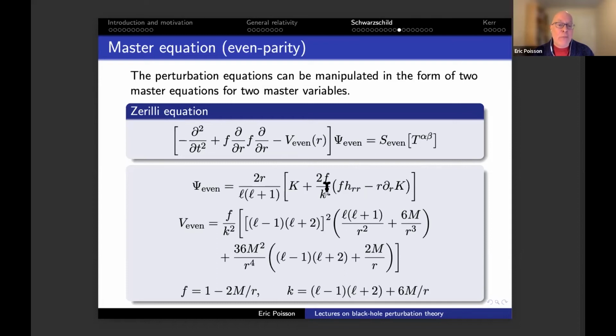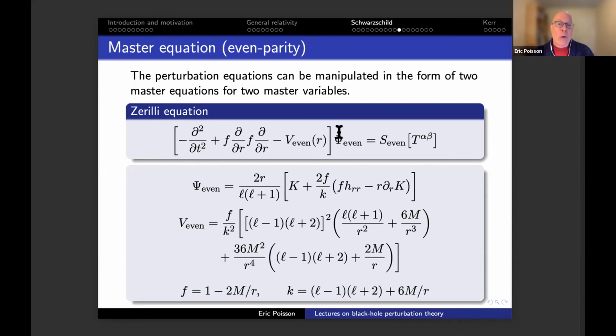If you package your variable in this way, you find that this master variable obeys a simple looking equation, with a potential function in the wave equation that is somewhat complicated, but looks like one of those potentials that you might encounter in quantum mechanics. It looks a little bit like a Schrödinger equation, especially after you get rid of the time dependence by taking the Fourier transform.